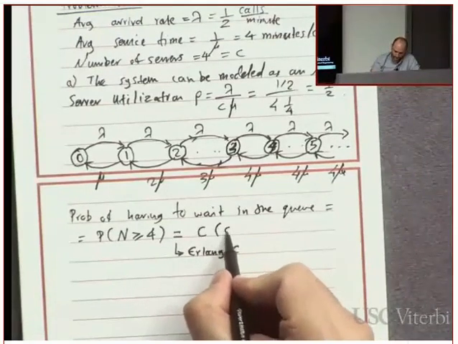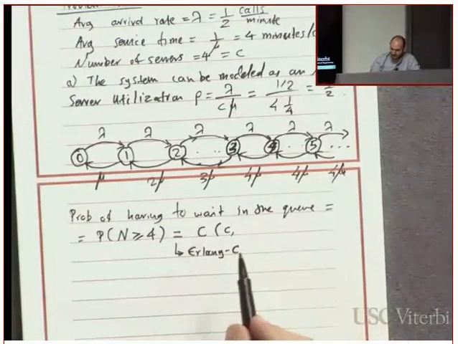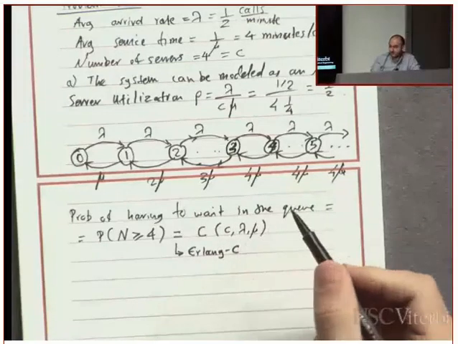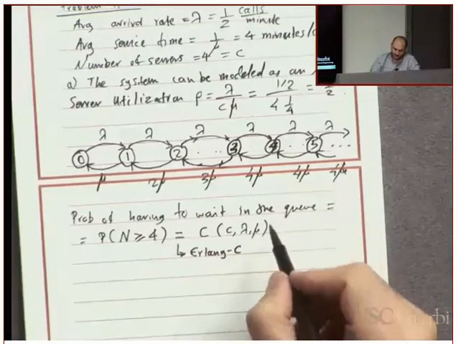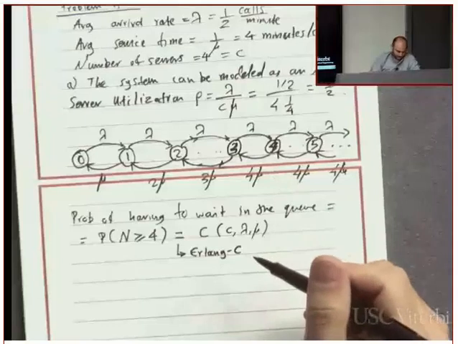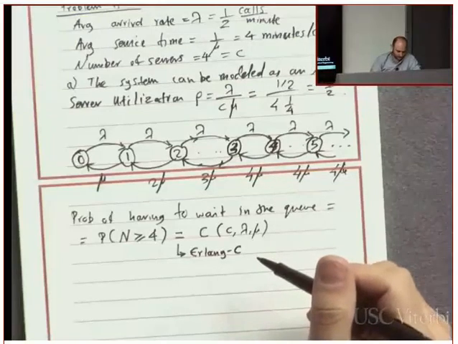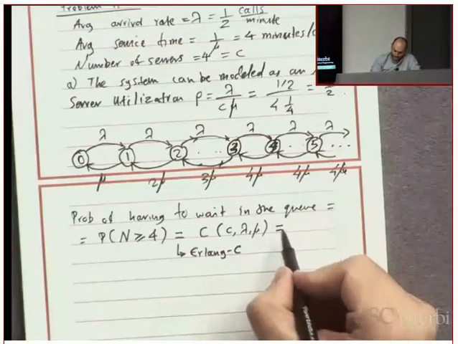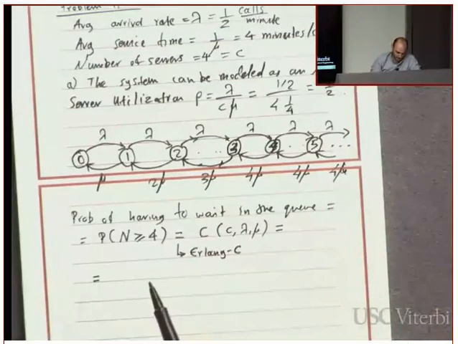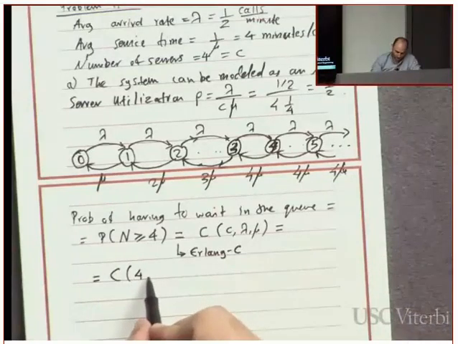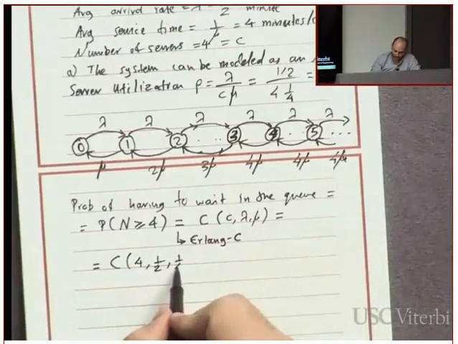We represent it as C, capital C, with small c the number of servers, and lambda, mu, the arrival rate and the service rate, or you might see it as lambda over mu, which is another way of writing rho. In our case this is C of 4, 1 over 2, 1 over 4.